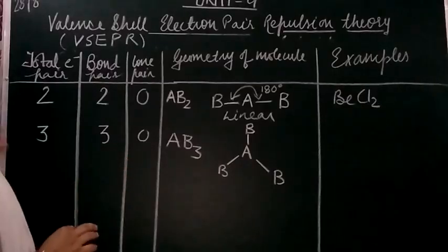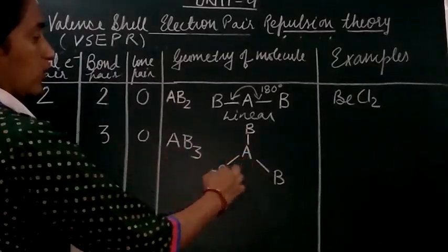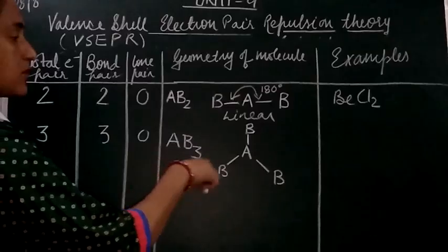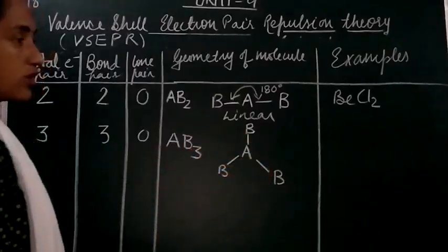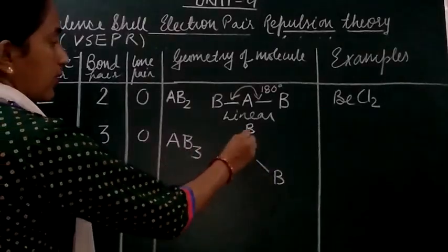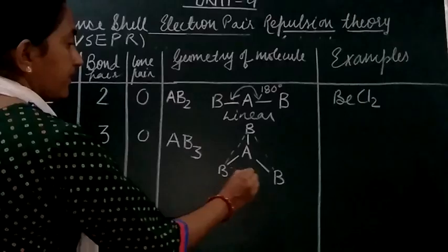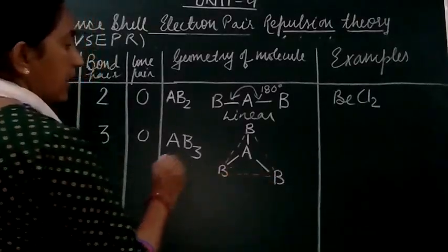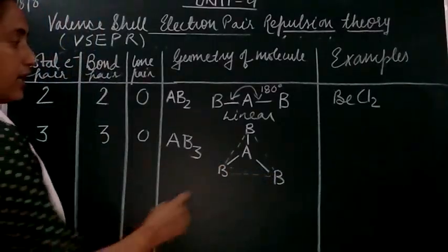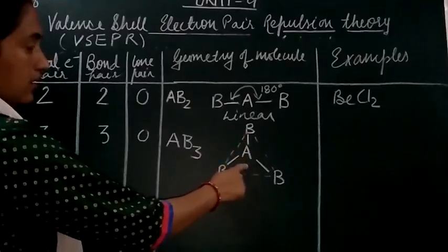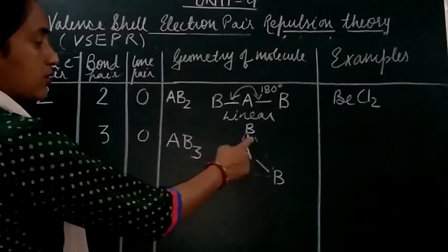The total angle available around the central atom is 360 degrees, and in that available space the three atoms have to be distributed so that they are at maximum distance apart. That is only possible through this shape, where the bond angle is the angle between two bonds.